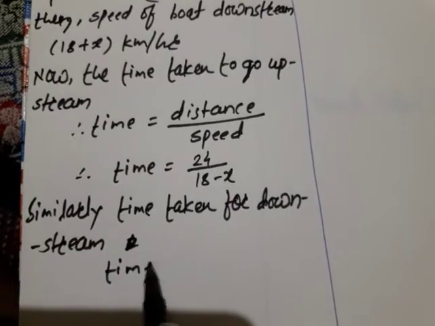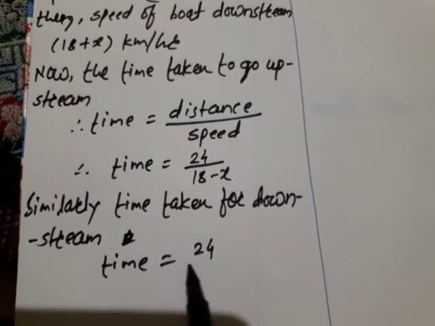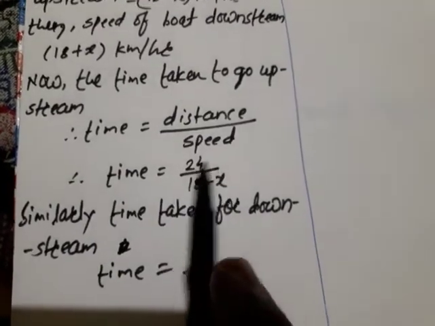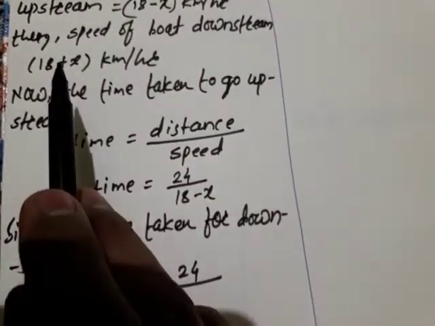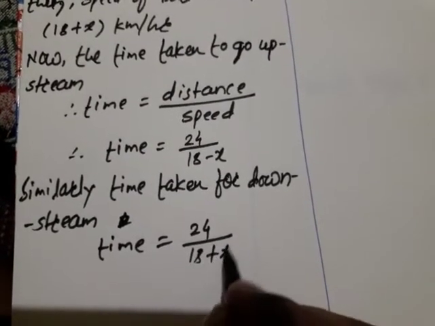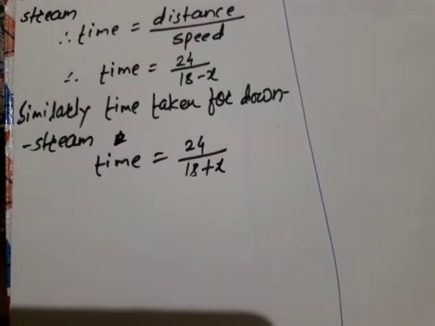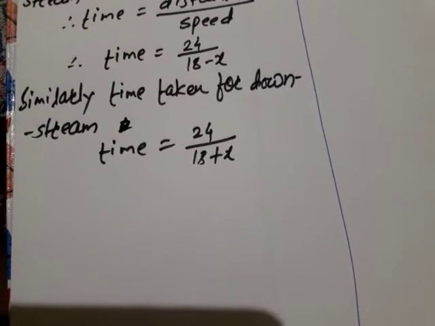Time is equal to distance, same distance is there, 24, and now the speed will be different. Speed of the boat downstream. What will be the speed? 18 plus x. 18 plus x. Got idea up to this step? I hope so you are getting idea about it.